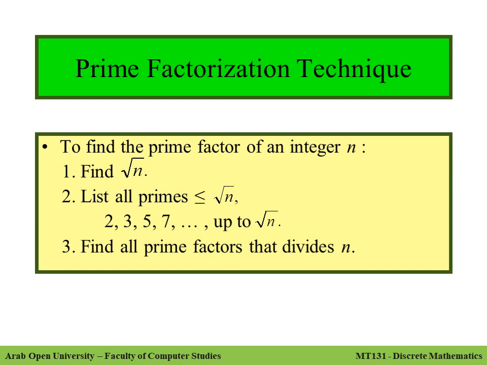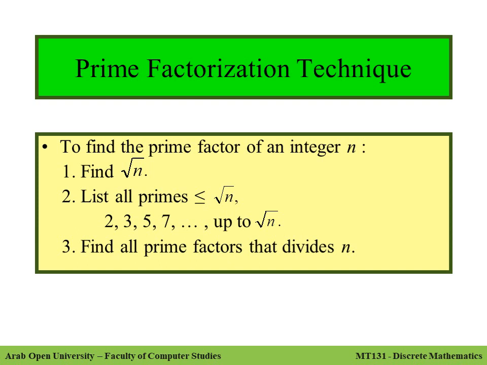If one of those primes divides the integer, then it will be a factor. But the point here is you don't need to try all the primes up to n, just look at the primes up to the square root of n, and by using these primes, you'll be able to find the prime factorization.